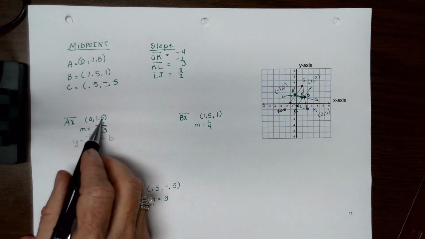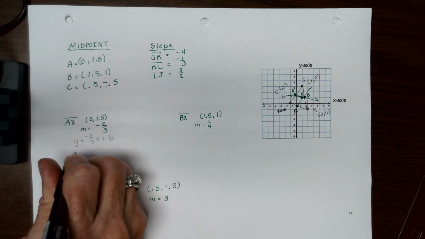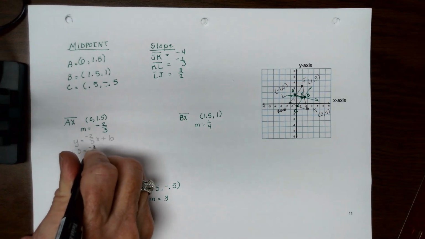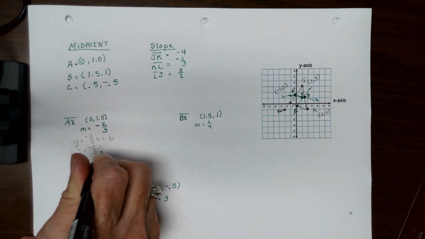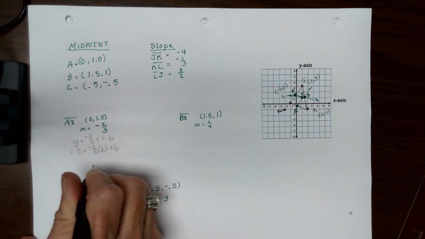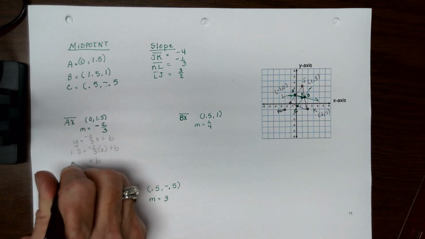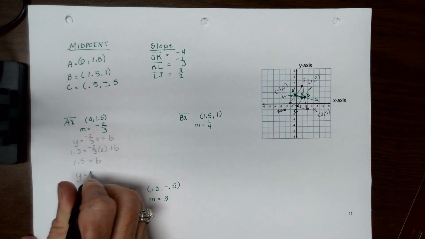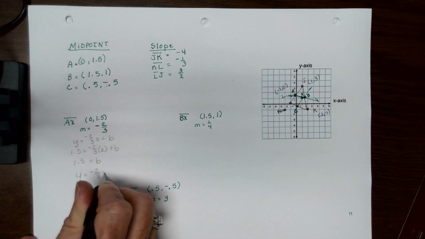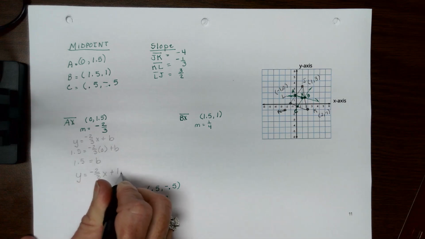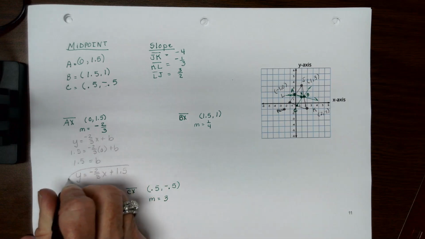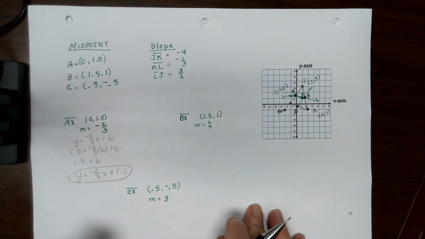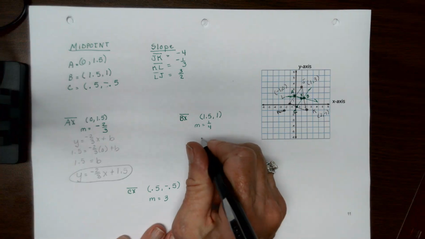Then you're going to plug in your y and your x. And then you're going to solve for your b, which is pretty easy on this one. And so your equation is y is equal to negative 2/3 x, there's my slope, plus 1.5. That's one equation.